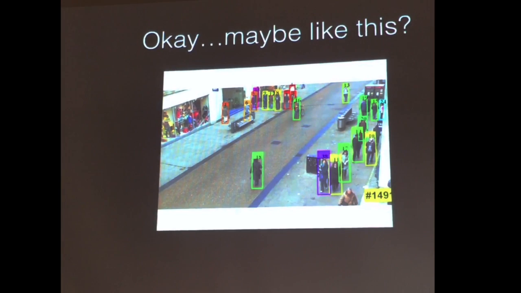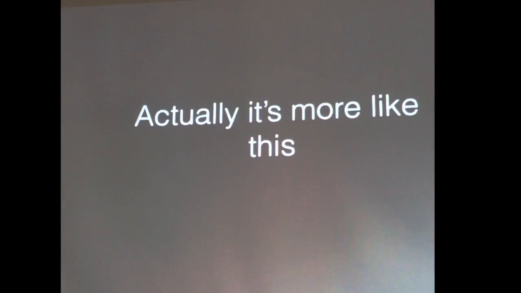Other people may recognize something more like this. You may have seen images from self-driving cars, or facial recognition, or people tracking. And this is not actually how the computer is processing information. It's actually more like this.